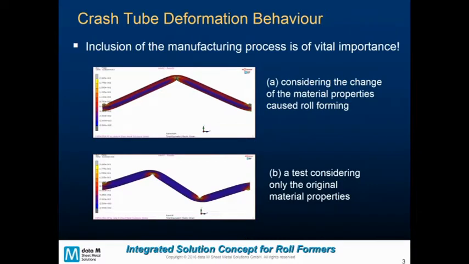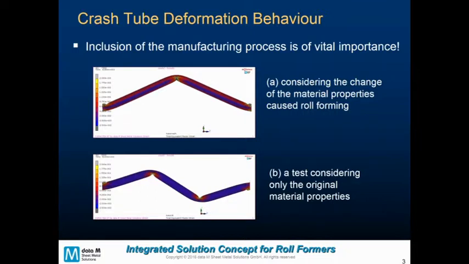With regards to the integrated solution concept, we're looking now at the inclusion of the manufacturing process and how vital this can be when looking at subsequent simulations. In this example, we're looking at crash tube deformation behaviour. Here in image A, we can consider the change of the part once you understand the material properties and the differences from the roll forming process.